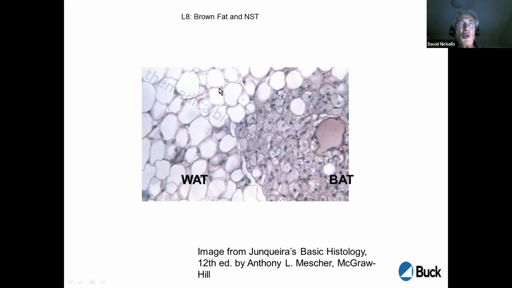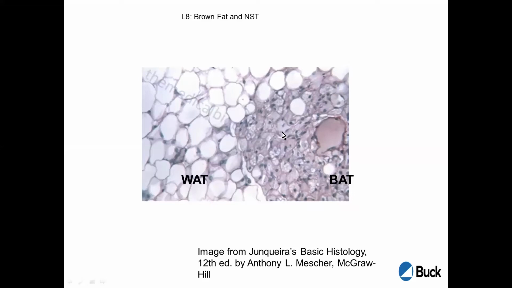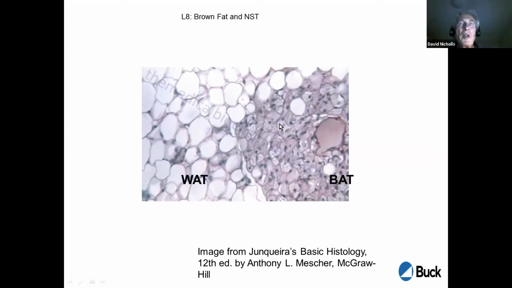White adipose tissue has a single large fat droplet, very few mitochondria squeezed around the side. Brown adipose tissue is brown because it's full of mitochondria. The fat droplets are small, so-called multilocular, which increases their surface area. And as I say, they're packed with mitochondria.